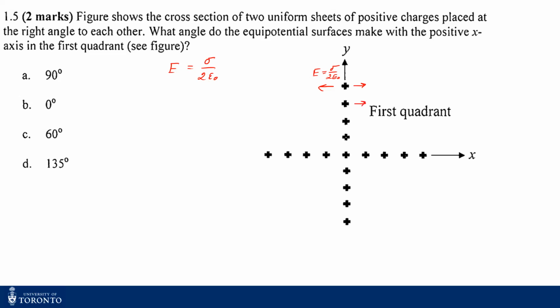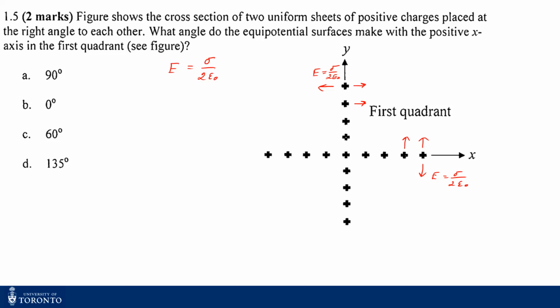The electric field because of the x-axis sheet also has the same magnitude, sigma by 2 epsilon naught, since it's a sheet of charge, in each direction, upward and downward. Now my electric field because of the x-axis sheet is in the upward direction, and because of the y-axis sheet is in the right hand direction.